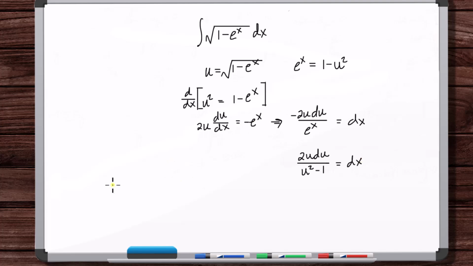Okay, so now we can go ahead and make the substitution. So the square root of 1 minus e to the x is u. Okay, now we're just left with dx. So take out the 2, and we've got u squared.